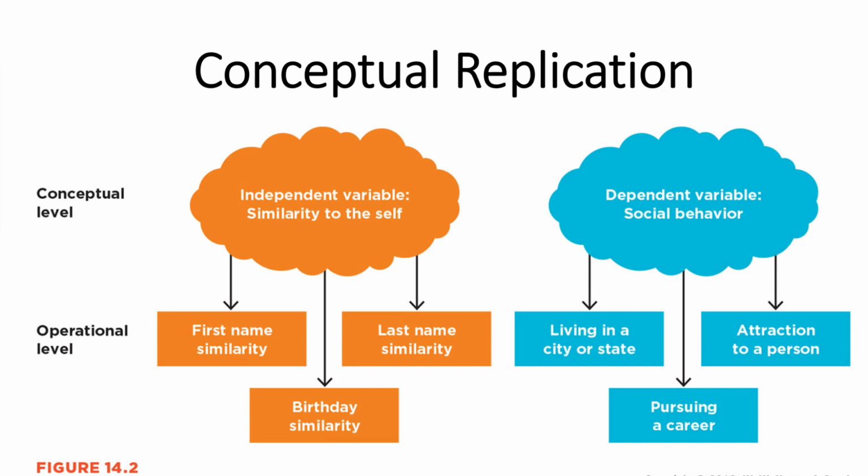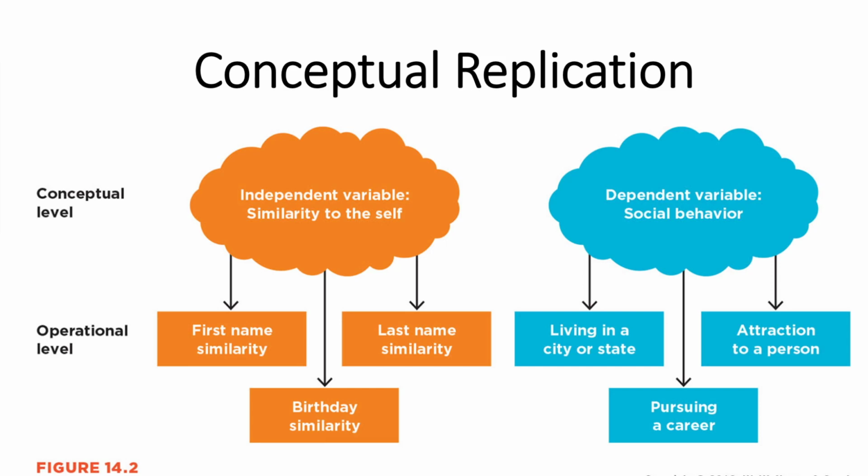But people named Laura or Lawrence are more likely to become lawyers than dentists. Now that isn't so much an experimental setup because you're not determining their name or their profession, but that would be a correlation that adds to this idea. So it could be a conceptual replication because we're looking at similarity to the self and some kind of output social behavior. So similarity to their first name and the career they pursue.